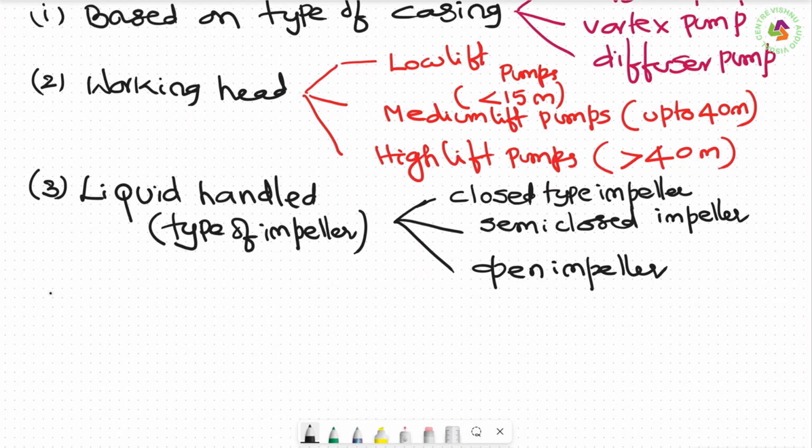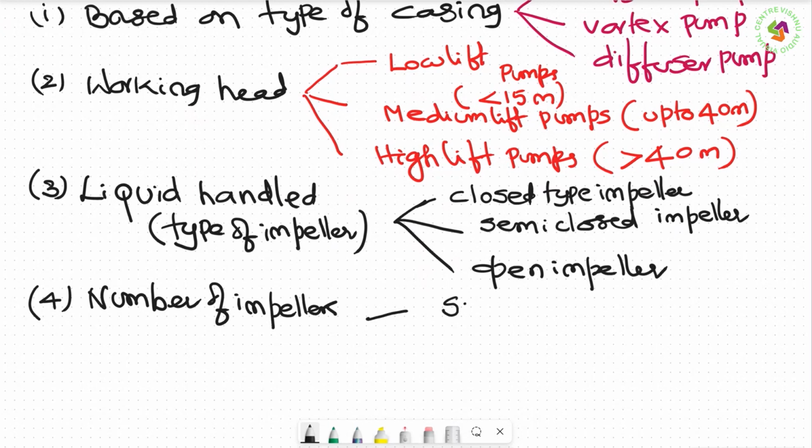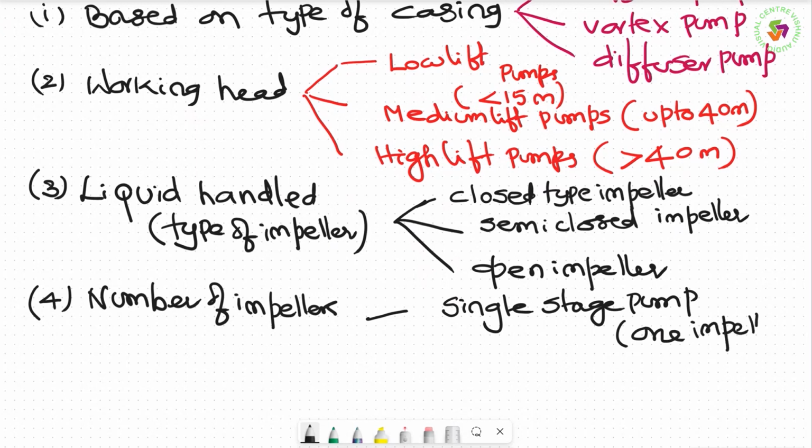Then coming to the fourth classification, the number of impellers. If there is only one impeller, we call it a single stage pump. Single stage pump means one impeller.